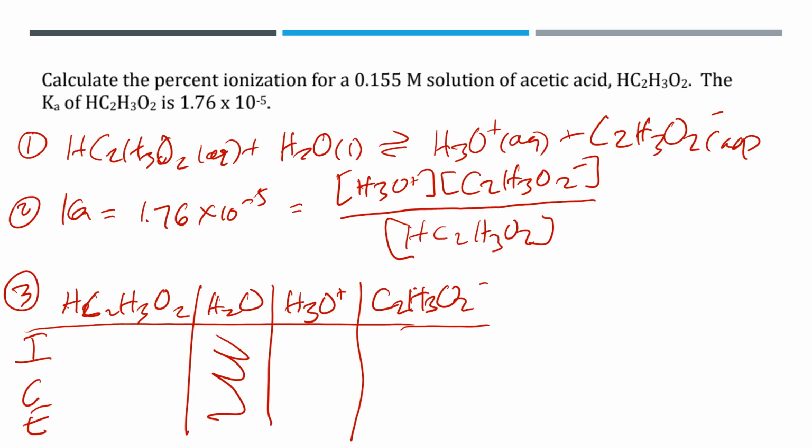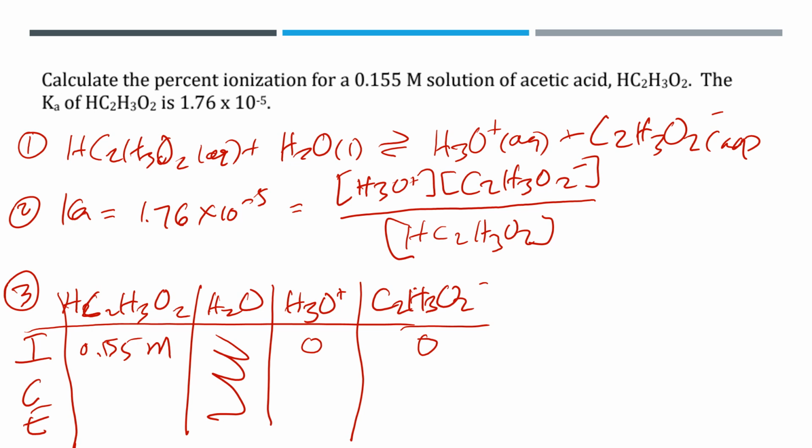So our initial concentrations are 0.155 molar, and the other two are at 0 because we don't talk about it. We don't talk about it. Whatever. I don't want Disney to see me.